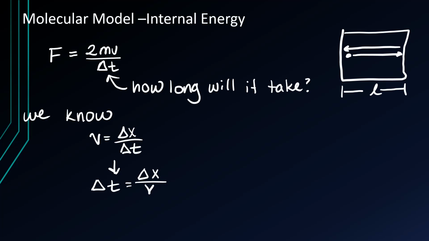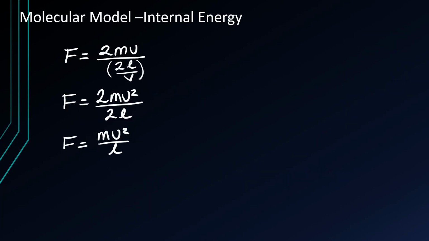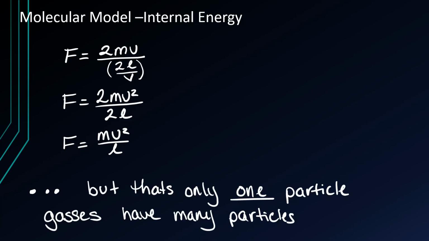So my time is equal to a change in position divided by velocity, and my change in position is 2L, right? I'm going over and I'm coming back. So I can represent my change in time as 2L divided by velocity. So if I combine these equations together, a system of equations, plug one into the other, I get that my force is equal to mass times velocity squared divided by length. But that's only for one particle.